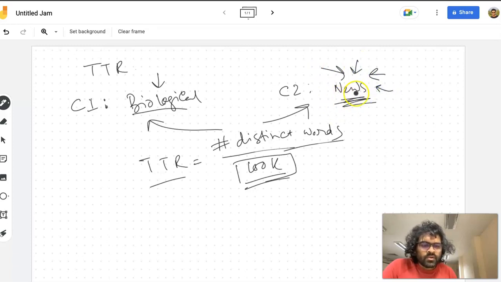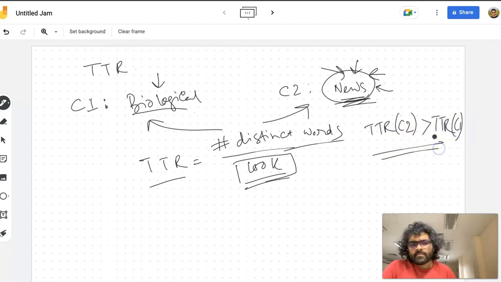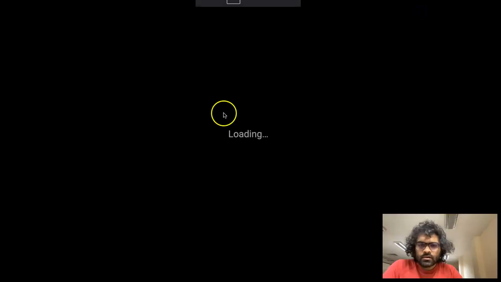So the chances of getting distinct words in the news corpus are higher than in the biological one. That's why the TTR of C2 is most probably greater than the TTR of C1.